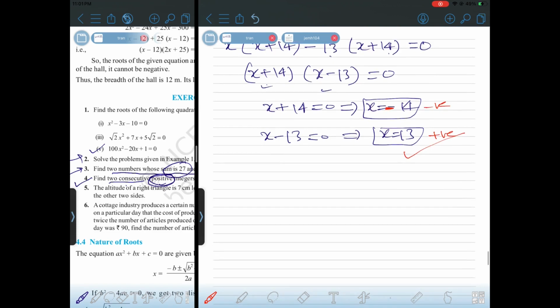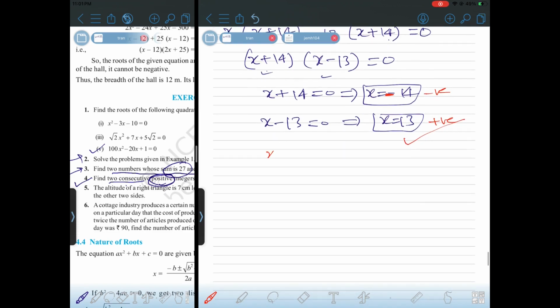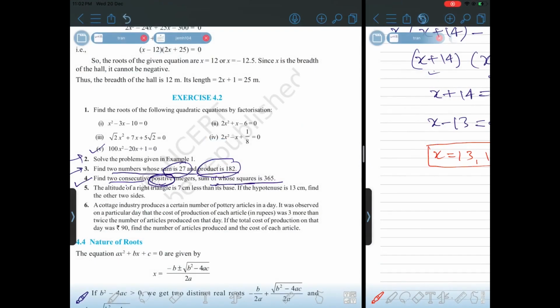So x is equal to 13, which is the first number, and because the numbers are consecutive, the second number will be 14. So this is the answer. We have to read the question very carefully, and all the information given in the question should be understood properly.